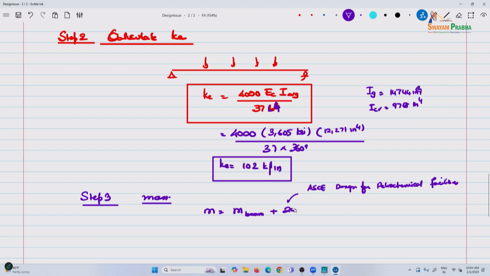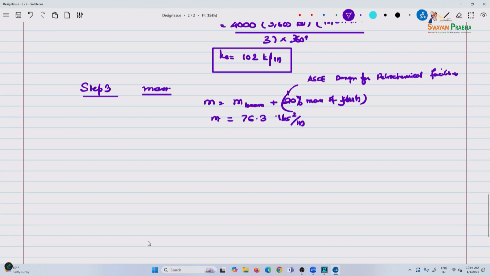It recommends considering 20% of the mass of the joists. So you can consider a reasonable mass, and I will just give you the final number here: 76.3 pound-second squared per inch.